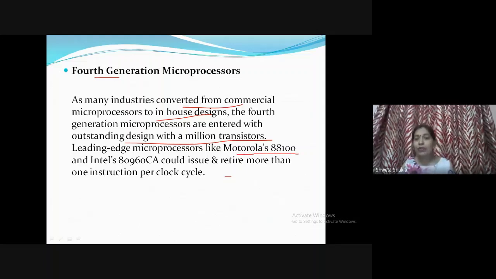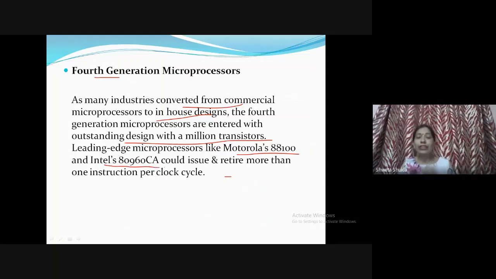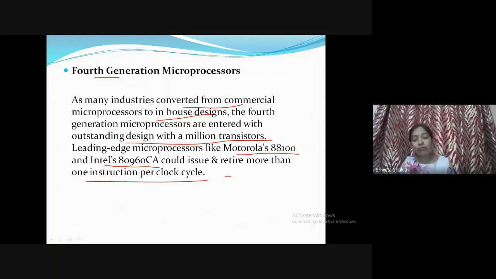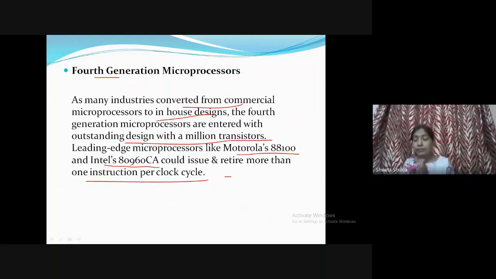The examples are Motorola 88100 and Intel's 80960CA. These are microprocessors which can work on more than one instruction per clock cycle. As I told you earlier, in the first generation microprocessors, in one clock cycle they first fetch, in another clock cycle they decode, then in another they execute.